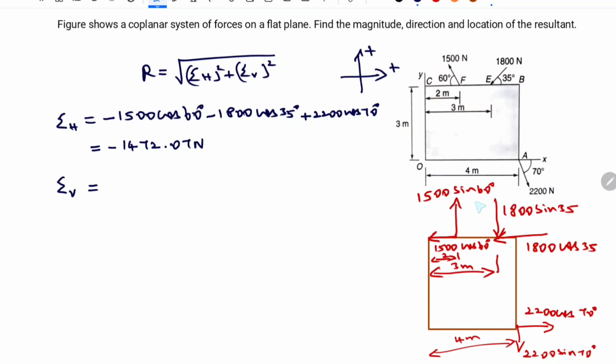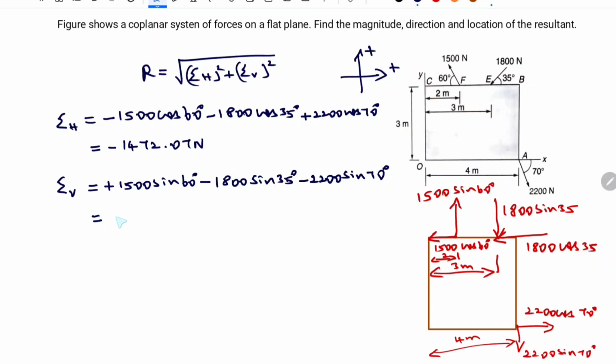Next, find out sigma V. The 1500 sin 60 is acting in the upward direction, so it is plus 1500 sin 60 degree. And this 1800 is acting downward, so it is negative: minus 1800 sin 35 degree. This 2200 is also acting in the negative, so it is minus 2200 sin 70 degree.